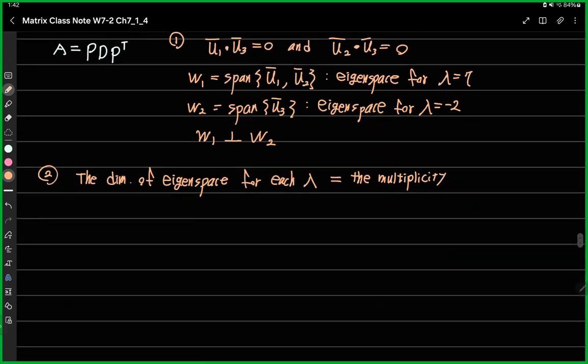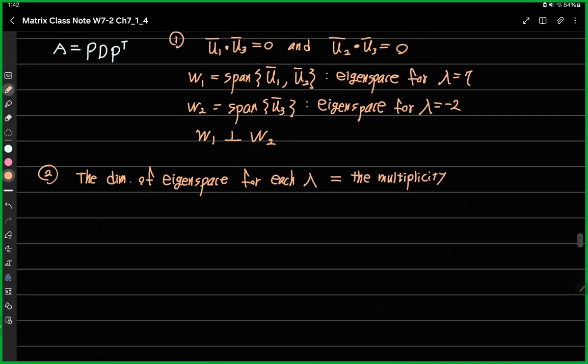So the dimension of the eigenspace for each lambda is the multiplicity.